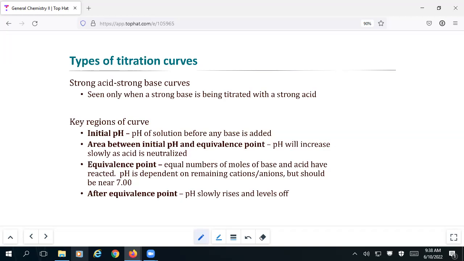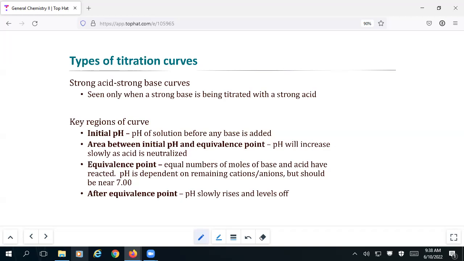So this would be the pH of the solution before we add anything to it. And again, we saw in the lab yesterday, looking at the difference between a strong acid and a weak acid, the strong acid at the same concentration had a lower pH than the weak acid at that same concentration. We saw that kind of consistently throughout yesterday's lab.